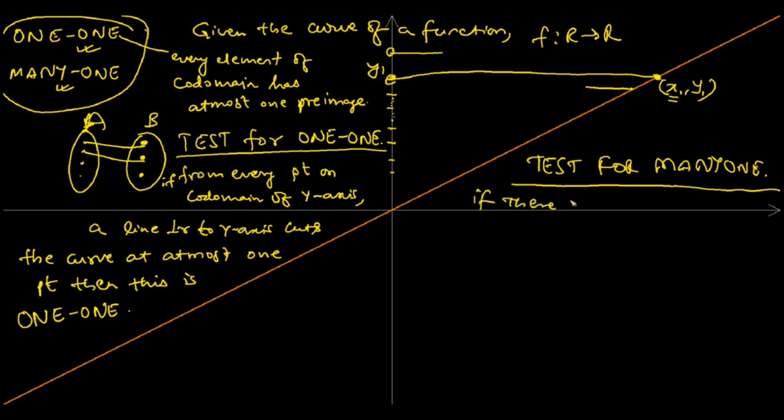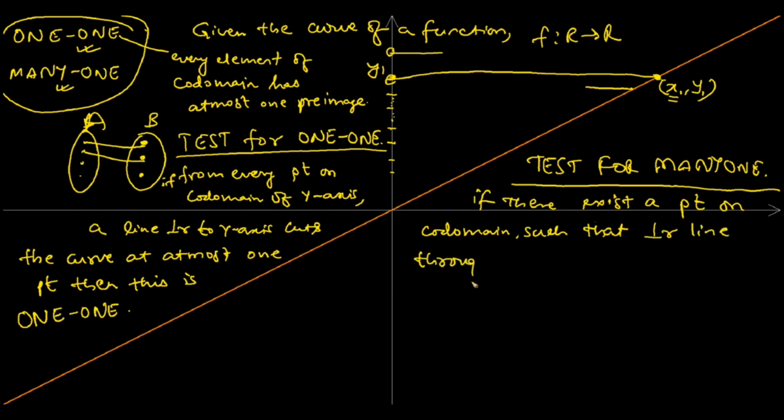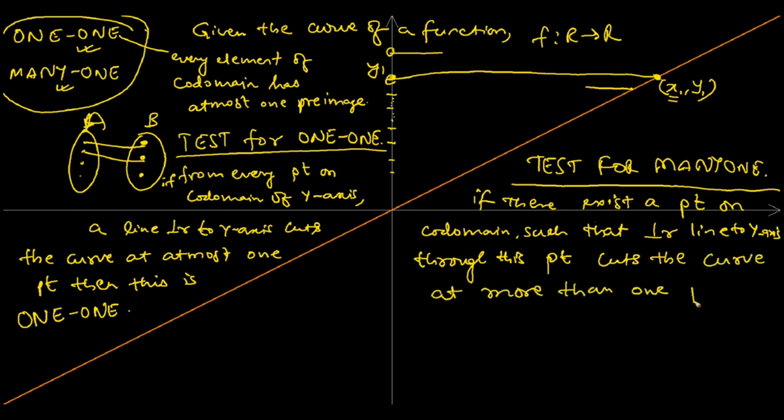If there exists a point on the codomain such that a perpendicular line to the y-axis through this point cuts the curve at more than one point, then it is many-one.